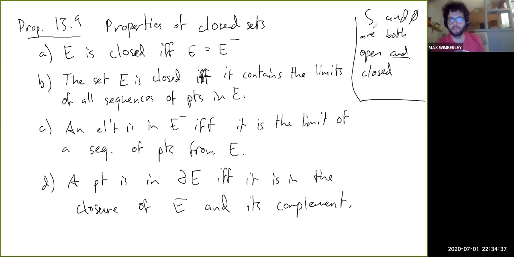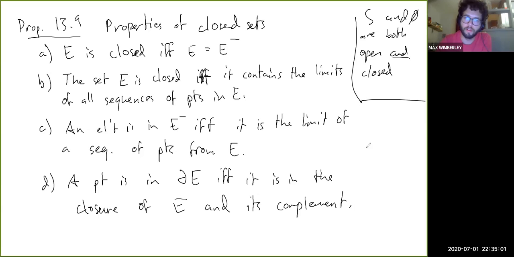For a metric space S, the whole set S and the empty set are both open and closed, right? Because they're both open, and the complement of S is the empty set, and the complement of the empty set is S. So they both have to be closed too. So it's possible to be open and closed at the same time. Sometimes there are more sets which are both open and closed than just S and the empty set.